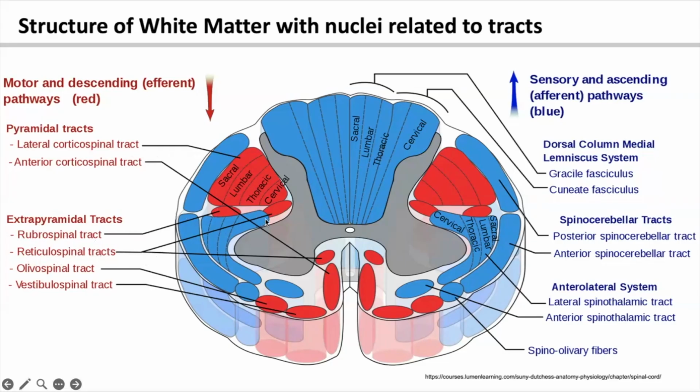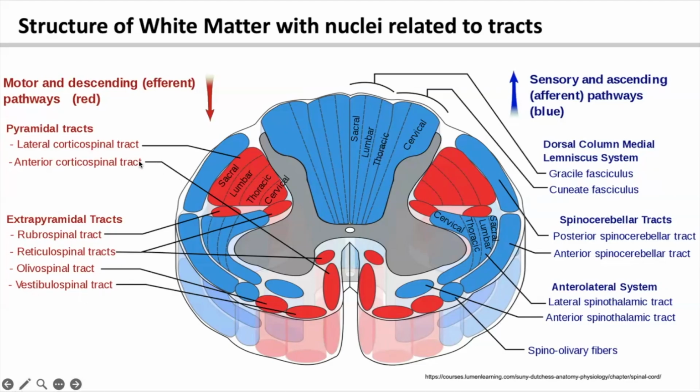The reticulospinal tract is present in the lateral region, and some is present in the anterior part also. And then the vestibulospinal tract is on the anterior part of the spinal cord.